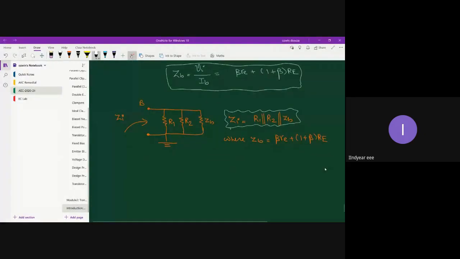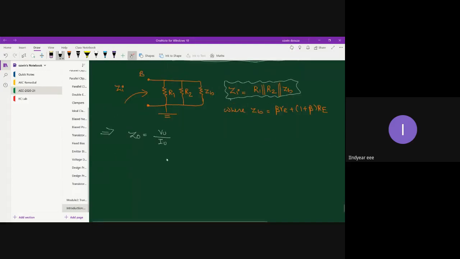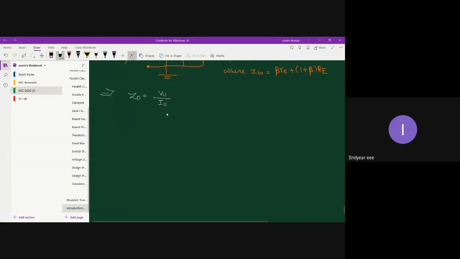Next, let us go to Z naught. What is Z naught? By definition, V naught by I naught. So to find Z naught, let me recreate the output circuit. So this is your beta IB. Let me isolate the input circuit. This is beta IB, and the current circulated by this current source is IC, which is beta IB. This is my collector terminal.